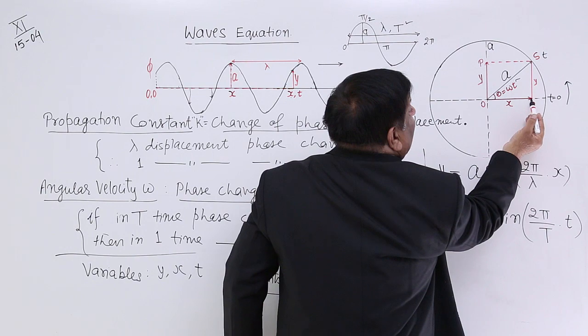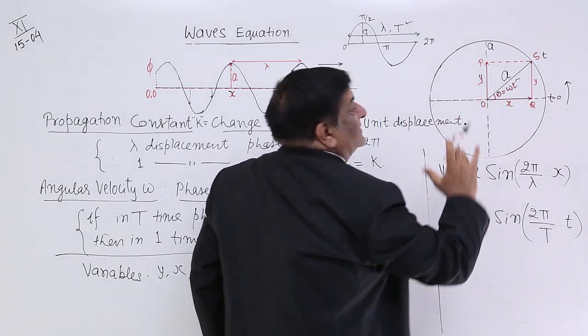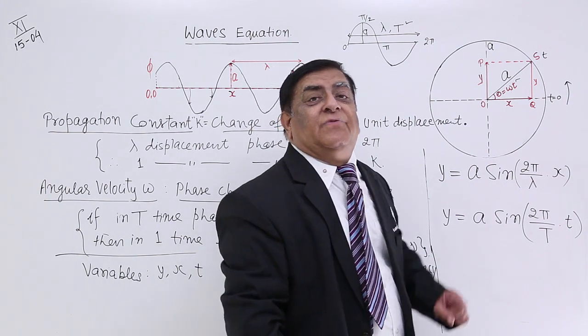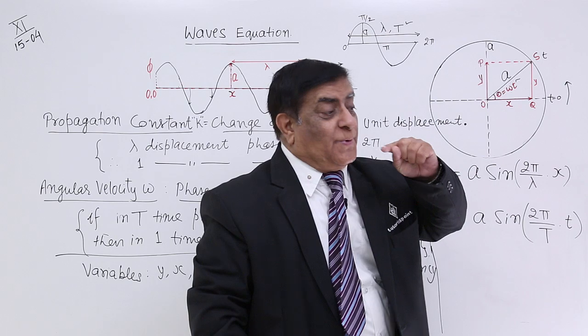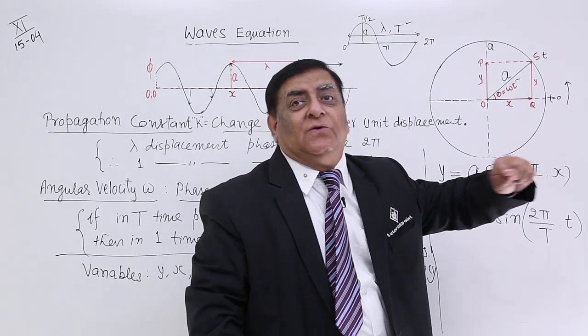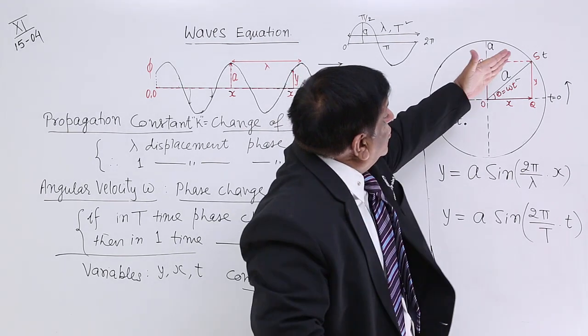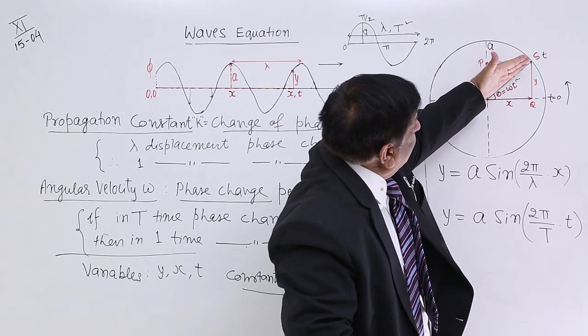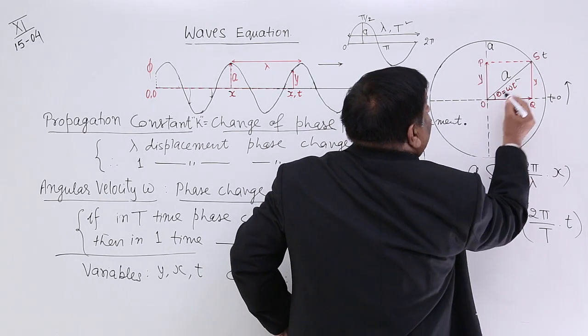What is happening to x? Yes, it goes up, x decreases. But we want to increase x. If we want to increase positive direction of x, what will happen to omega t? The answer is, if we move omega t in negative direction from here to here, what will happen?